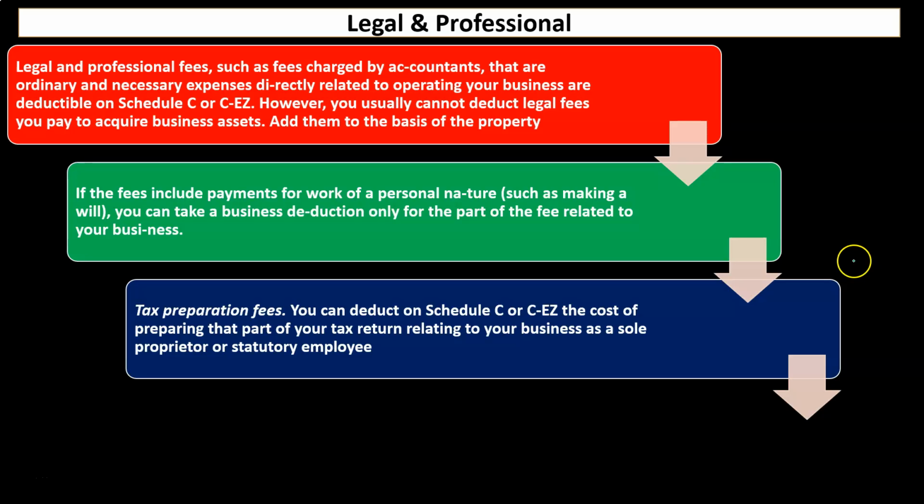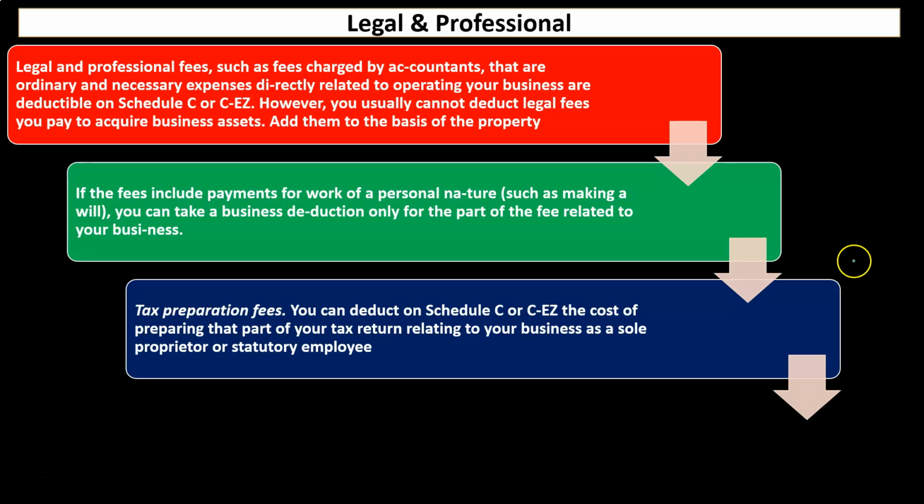Tax preparation fee: you can deduct on Schedule C or C-EZ the cost of preparing that part of your tax return relating to your business as a sole proprietor or statutory employee. So notice if you have a Schedule C type of business and you're doing tax preparation on it, then the tax preparation is partially personal, partially business, and the business probably has a substantial portion of the fee related to it.